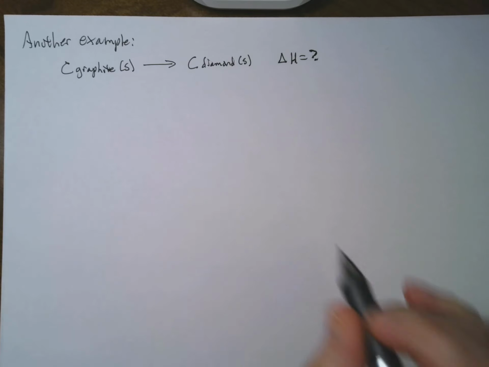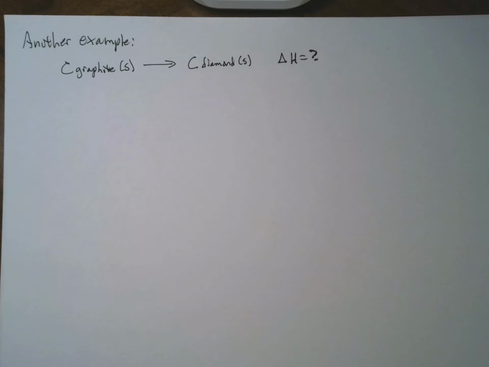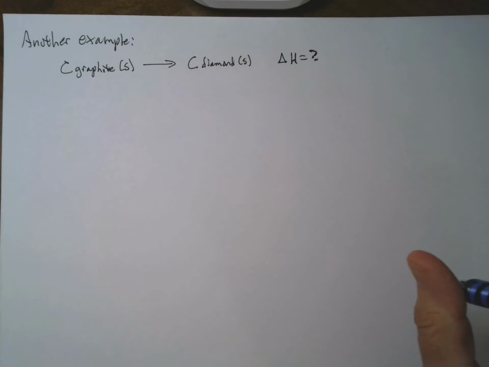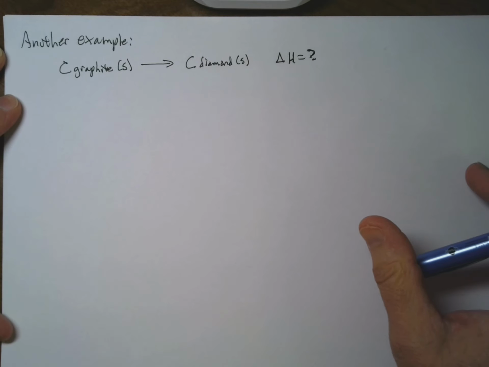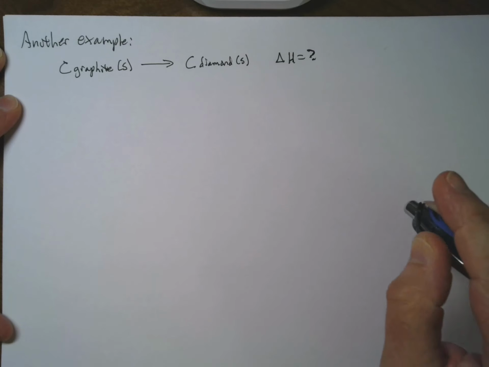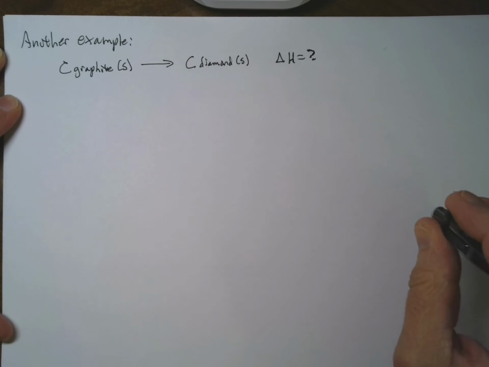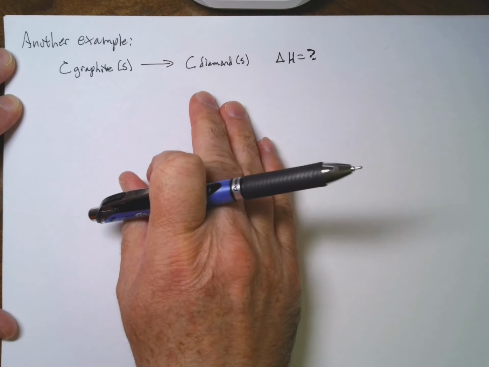Trying to turn graphite into diamond at a laboratory scale requires immense temperature and pressure. For naturally occurring diamond, it requires immense pressure, high temperature, not as high as, say, the synthetic diamond, but more pressure and a lot more time. So measuring this would be very difficult.